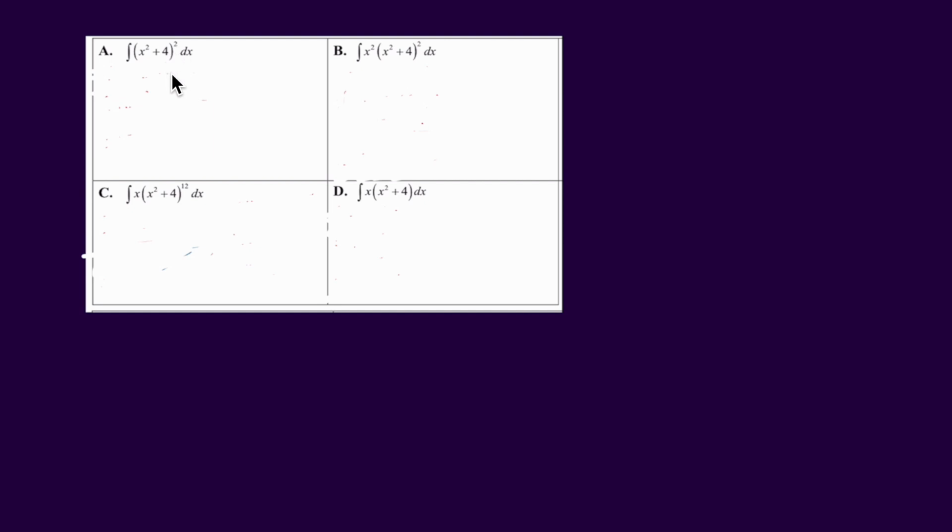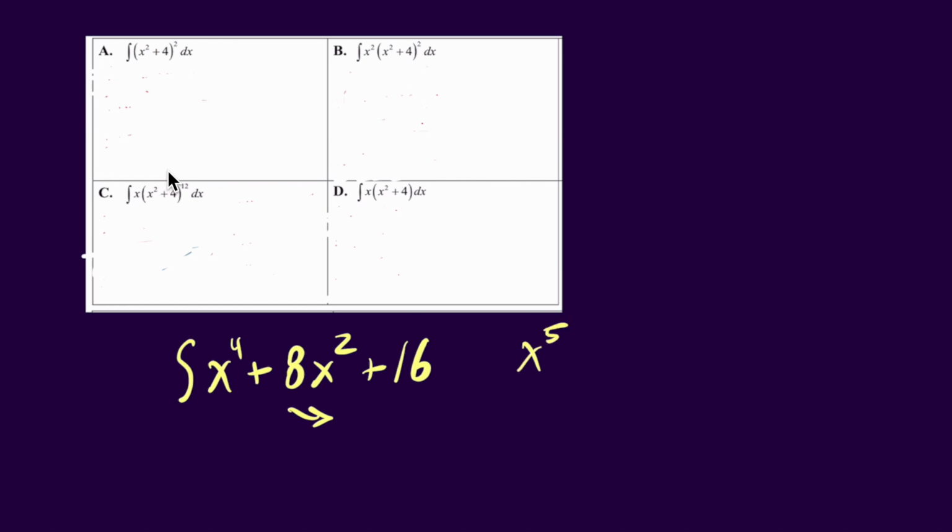That would give us the integral of x to the 4th plus 8x squared plus 16. And then we could just break this up into different integrals. So the first indefinite integral would be x to the 5th over 5. And then we're just basically adding 1 and dividing by the new and improved exponent, plus 16x plus c.